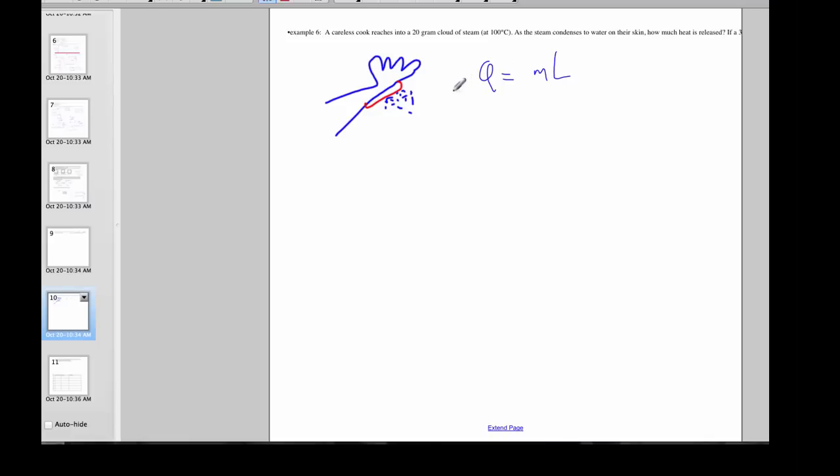So this is condensation, so we use the latent heat of vaporization or condensation. It's 20 grams, so that's 0.02 kilograms of steam, and it's condensing, so it releases 2,256,000 joules for every kilogram of vaporized steam.